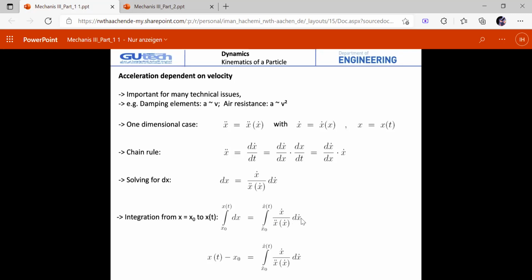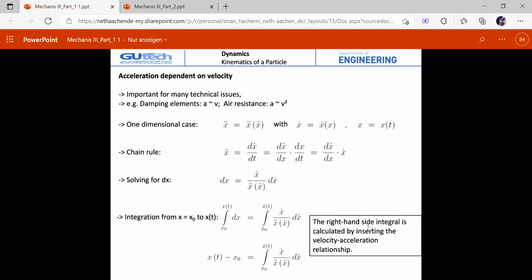That means the right-hand side integral is calculated by inserting the velocity-acceleration relationship. For the case of a damping element, we know that this is a linear relation, and here it is a quadratic relationship.